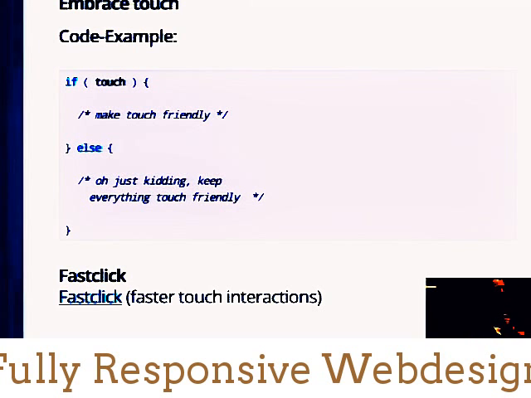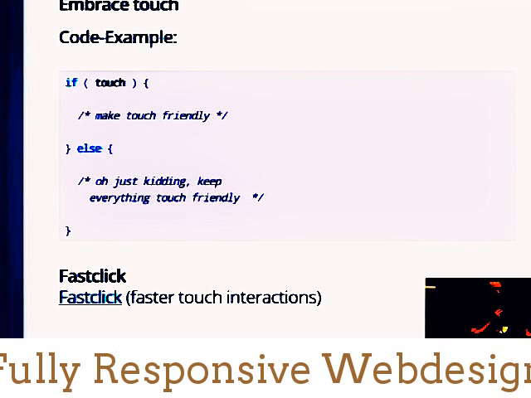Think on touch. You have to embrace touch. Make everything touchable. There are some libraries, especially FastClick, for faster touch interactions. Usually you have a 300 millisecond delay on a click event handler.